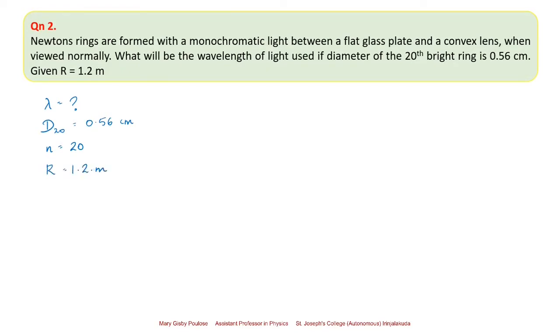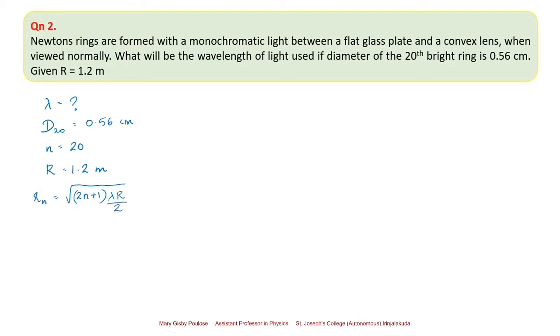So while doing the theory for bright fringes, we get the radius of the nth bright fringe as square root of (2n plus 1) lambda r by 2.